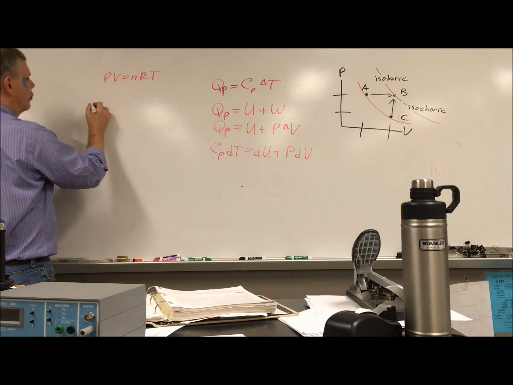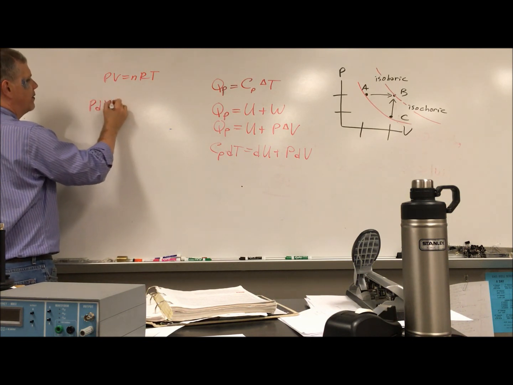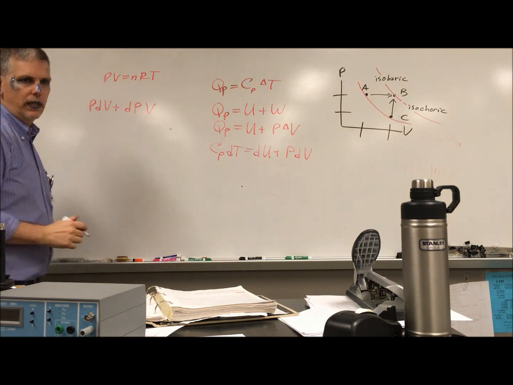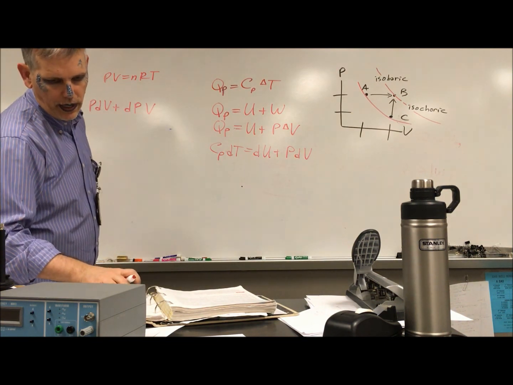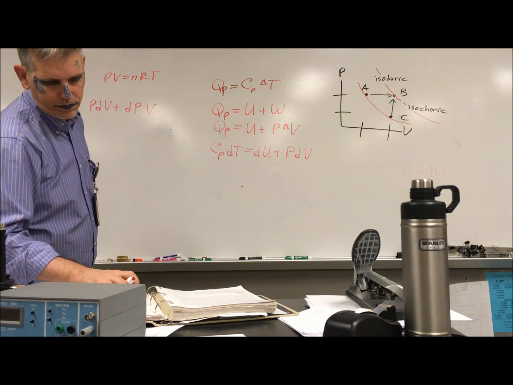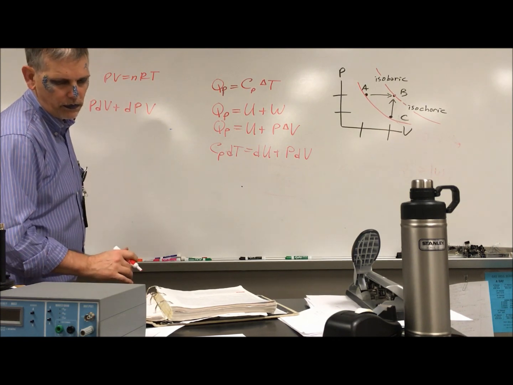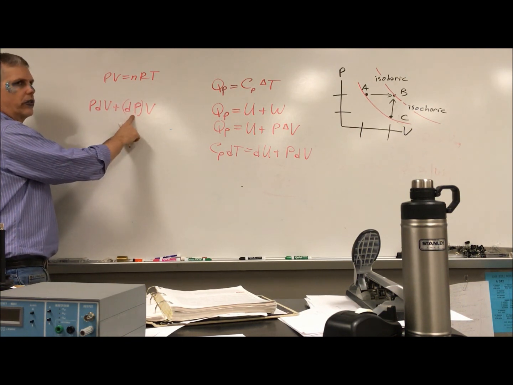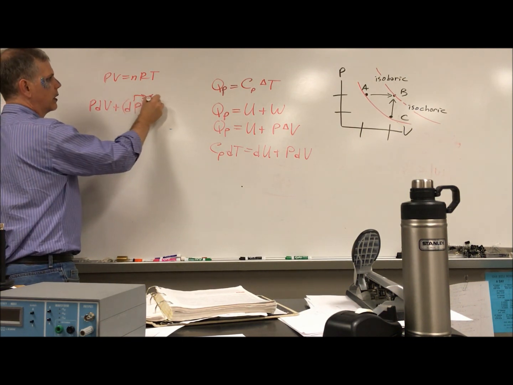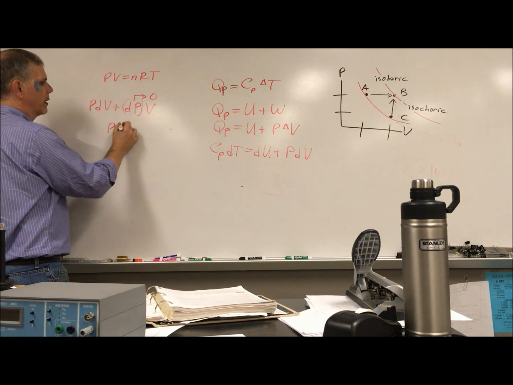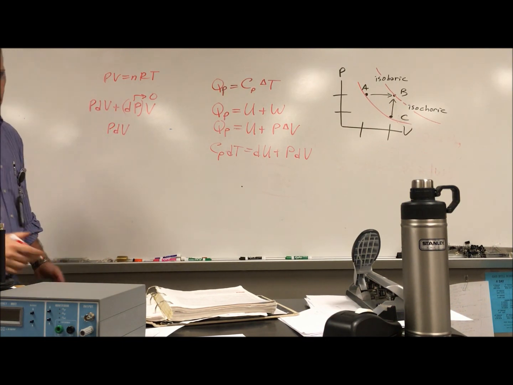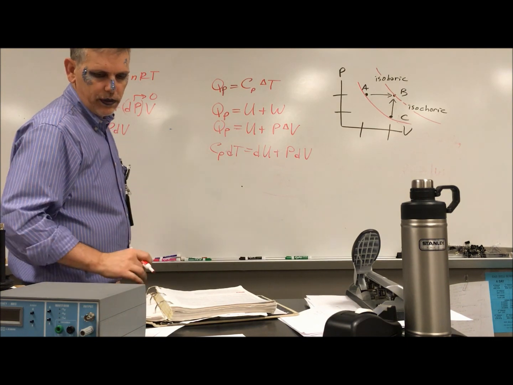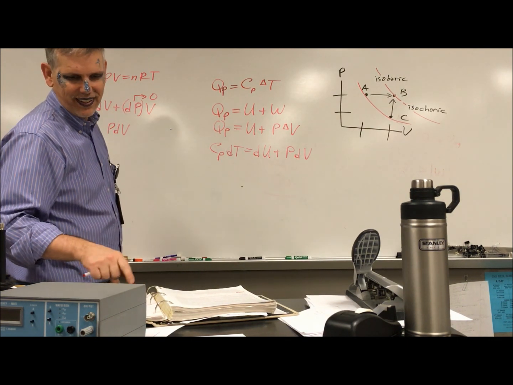Then using the product rule, it's P dV plus V dP. That's the product rule, okay? And what's that equal to at constant pressure? Zero. That equals 0. So then we just get P dV, which equals nR dT.